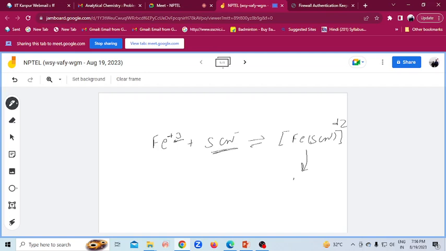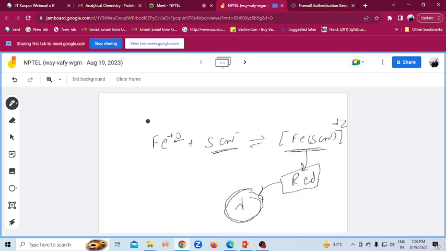Because it gives a red color of specific wavelength, which can be identified by our spectrometer, and we can say yes, SCN is present. This is qualitative analysis. By identifying this lambda, you can say FeSCN is there, so obviously iron is there.